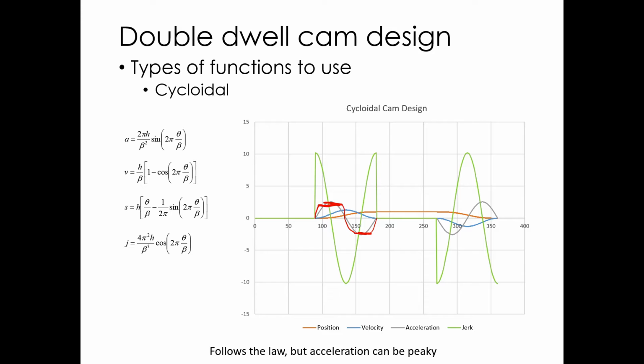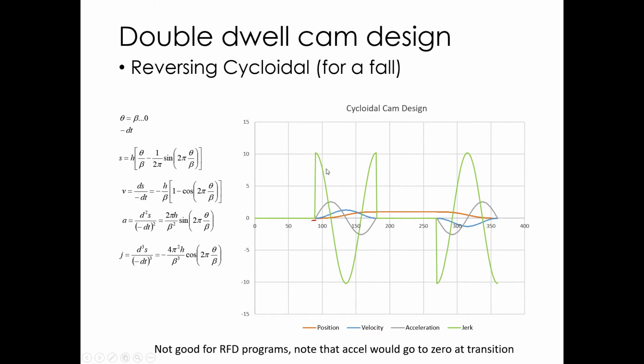We can get the same thing done smoothly, but with lower peak force, and so less stress on the mechanism. So when we start talking about other cam functions, we'll get into some that broaden that peak acceleration out. So the acceleration can be peaky, so we can do a little bit better than this.